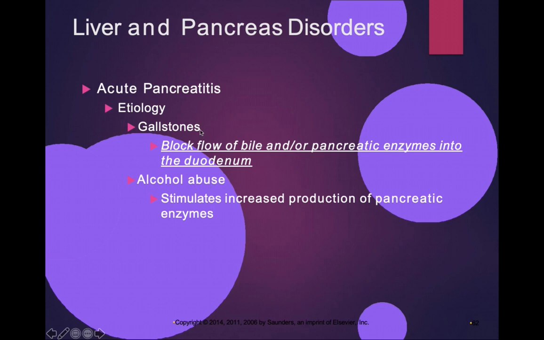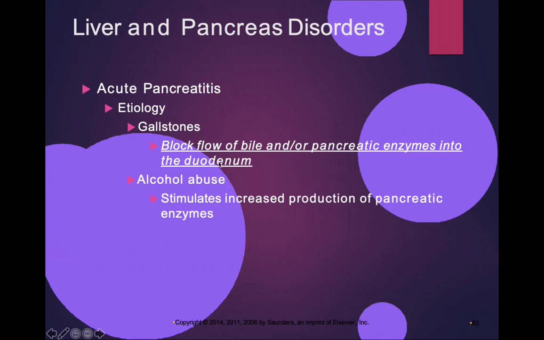So with acute pancreatitis, the etiology is gallstones and alcohol. Right? Gallstones can block the flow of bile and or the pancreatic enzymes into the duodenum.